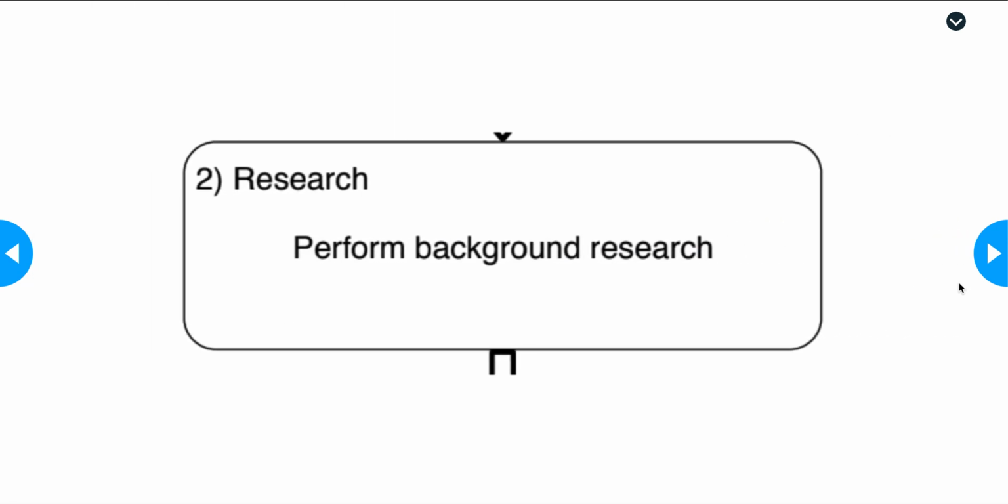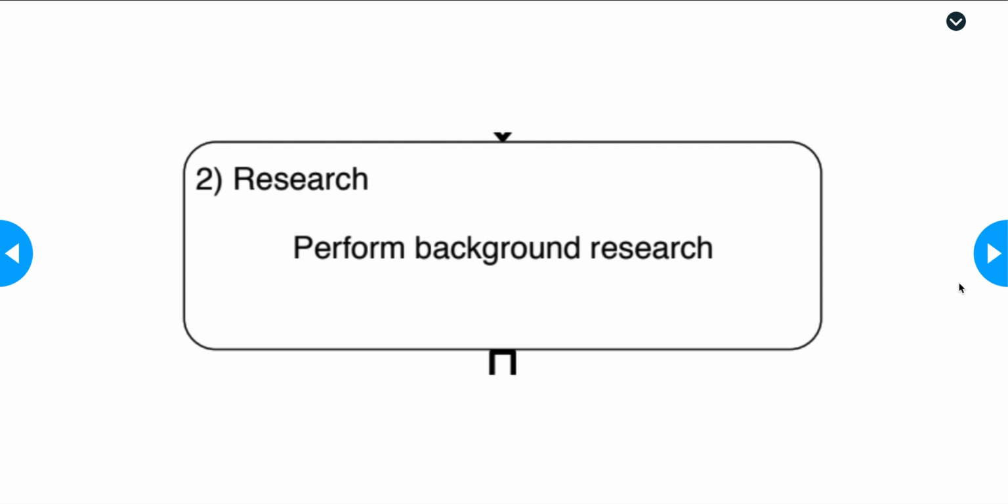Next, research. Once you have determined the question that you're trying to answer, you want to perform background research. You want to learn a little bit. Maybe you want to find out if anyone's ever run an experiment similar to yours so that you can get some information about that. Maybe there's some surrounding science that you need to know about in order to best perform your experiment.